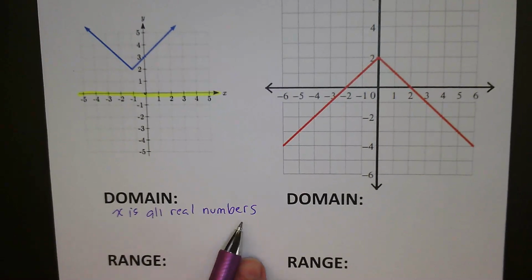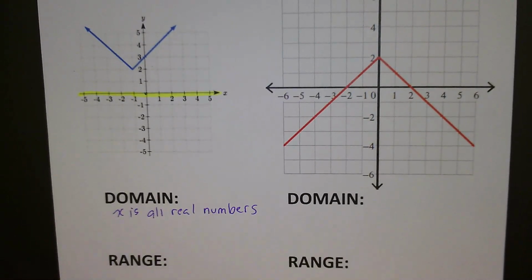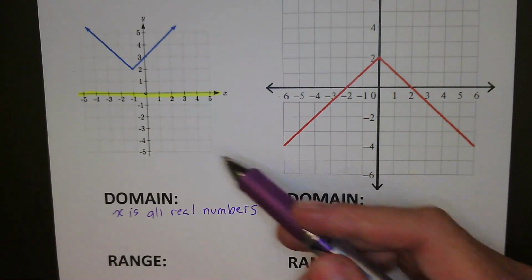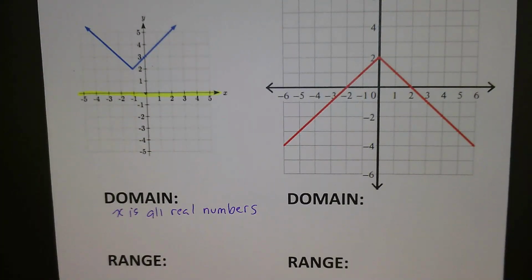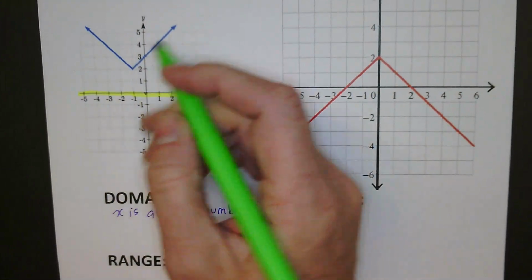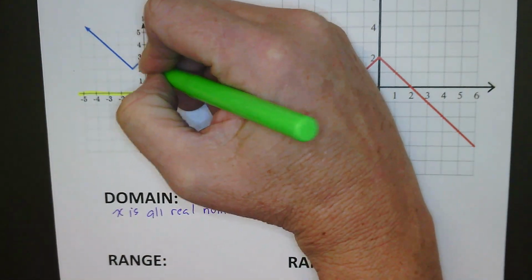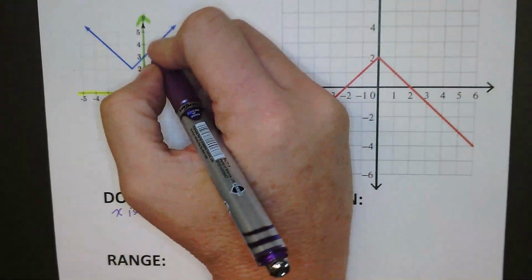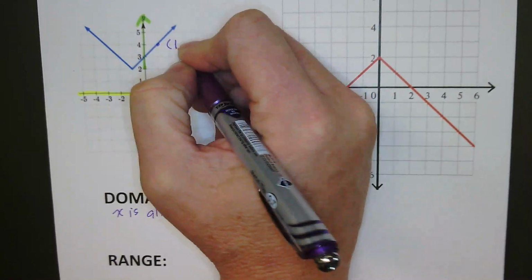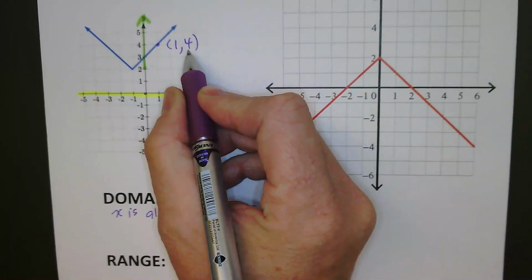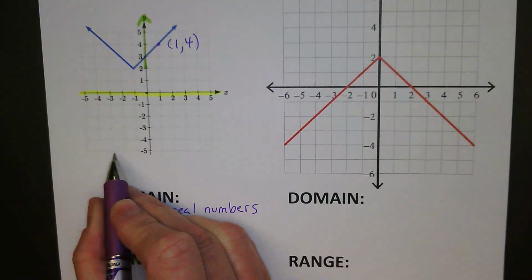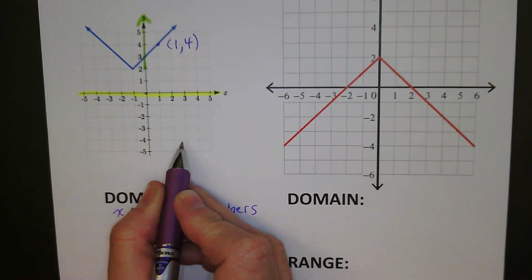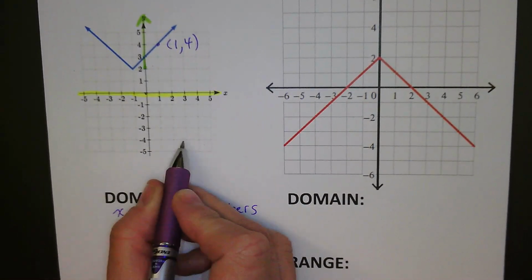We'll talk about a way to notate this a little bit shorter, but for right now, we'll just keep it in a standard English explanation. X is all real numbers. The range, however, we can see that this thing has been shifted up to 2. So now the only y values that we're ever going to see on that graph are going to be 2 and higher. Meaning if I did a coordinate here, like the coordinate 1 and then 4, my y value is a 4, but I can never get a coordinate where I have a y value of -4 because the absolute value graph won't go down here.